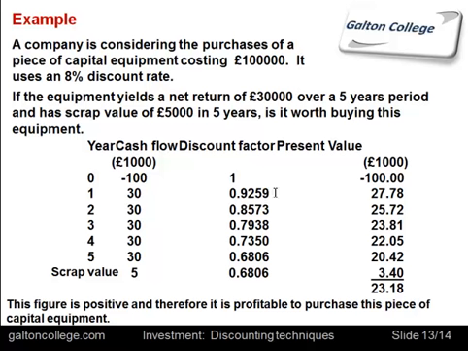So you simply take that and multiply it by the 30, which gives you 27.78, and do it for each one all the way down. The 5th year is 30,000 plus a scrap value of 5,000, so it's the same figure. And just tot the whole thing up and you find it's 23.81. This figure is positive, and therefore it is profitable to purchase this piece of equipment.